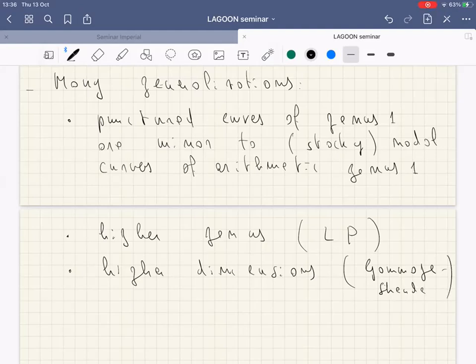Yeah, so let me address the question. The question was whether this works for nodal curves in every genus, and the answer is no. The generalization is different.